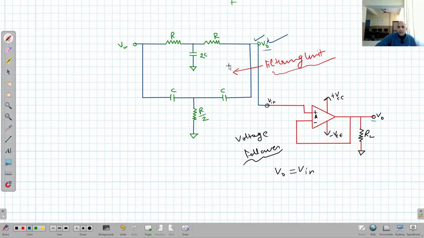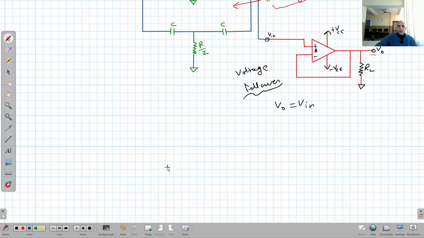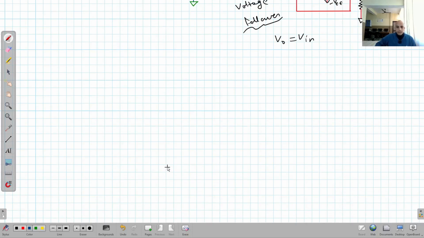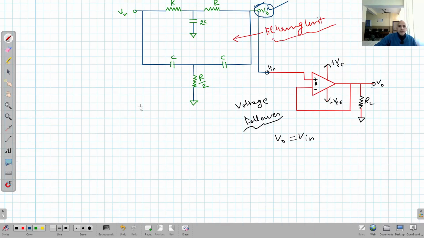Now I am going to analyze this circuit. Whatever voltage I find out here, B output, that will simply be the output. To analyze this circuit, I will again take a simplified approach, rather than drawing the circuit again.